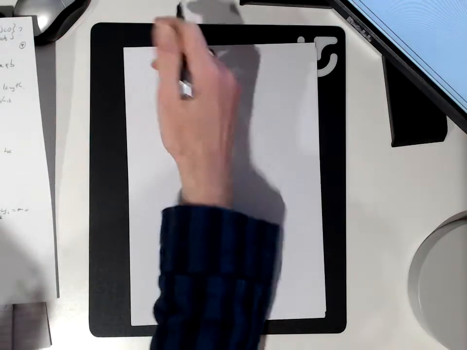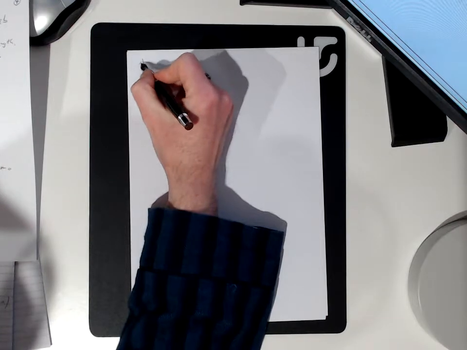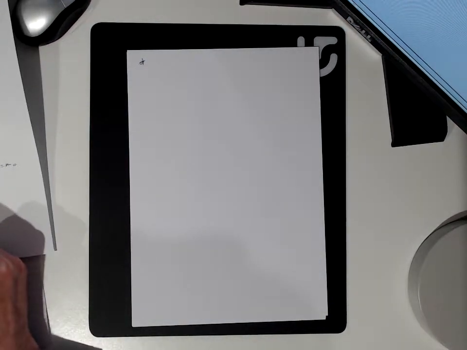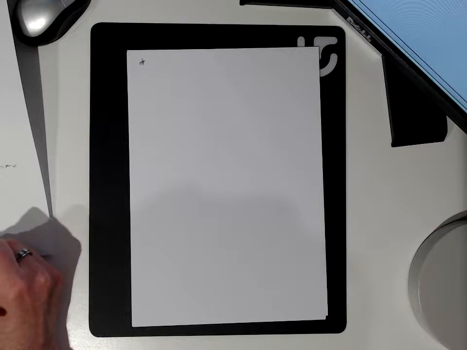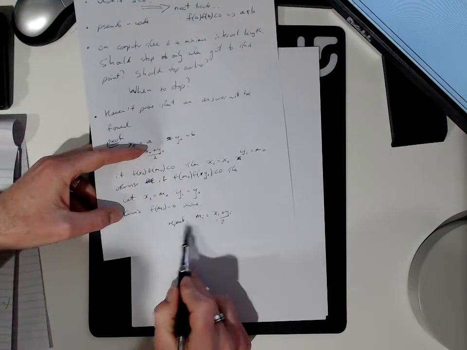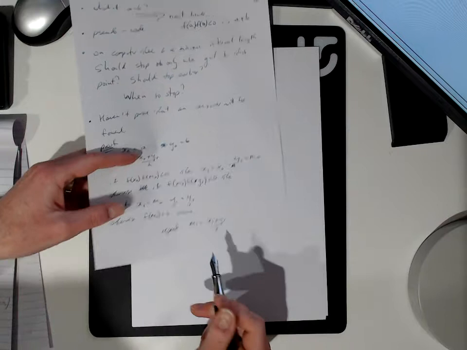So with this definition, we can say, let's just assume, and then repeat. So mi equals (xi plus yi) over 2, and so on. You can write that out. So repeat: mi equals (xi plus yi) over 2, so on and so forth.